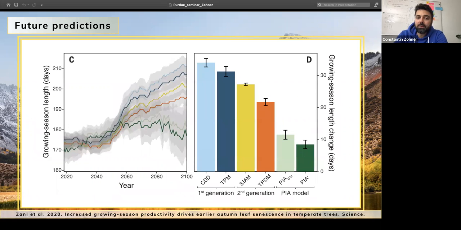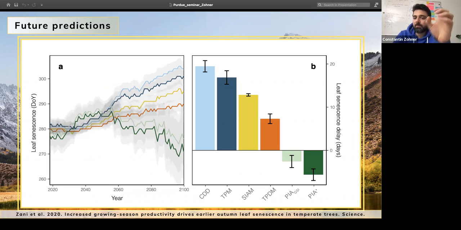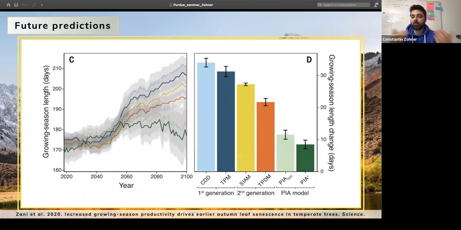And the one thing I also want to emphasize here is that whereas our model predicted that senescence might even occur a bit earlier in the future, this does not mean that we are predicting that overall growing season length is becoming shorter. If we look at overall growing season length, these two green models still predict a lengthening of the overall growing season, but this lengthening is mainly driven by advances in spring leaf out and not delays in autumn senescence.